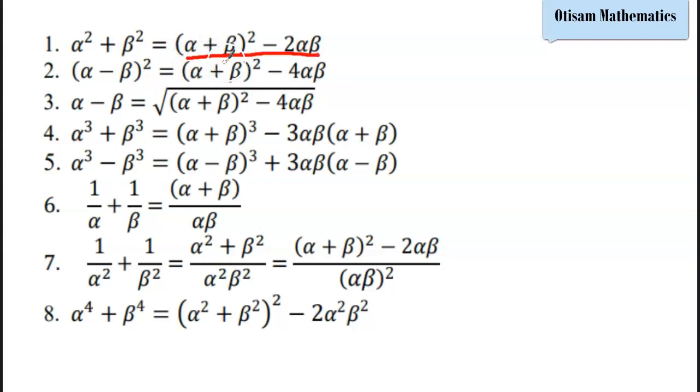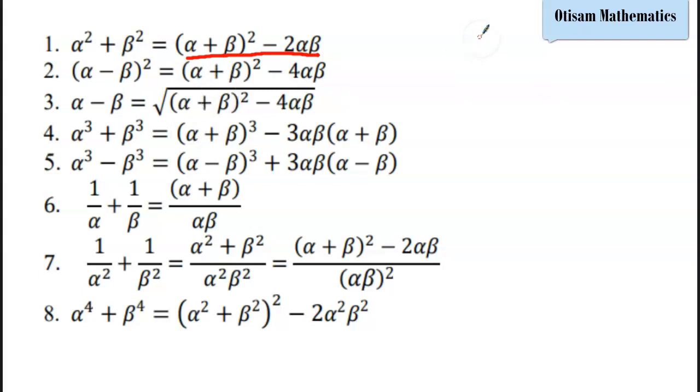This is because we can always get alpha plus beta from the quadratic equation given, which is the sum, and then alpha beta. So anytime you are given a symmetric function, you express them in terms of sum of root and product of root. So that is what this expression is all about, that you need to be familiar with, and then you also need to know how to come out with them.